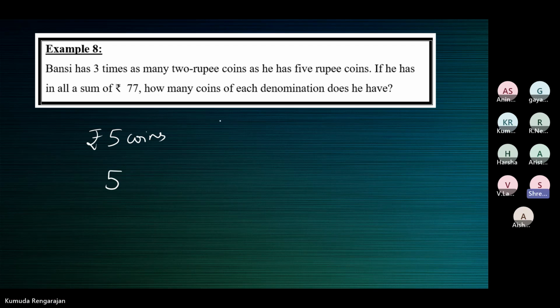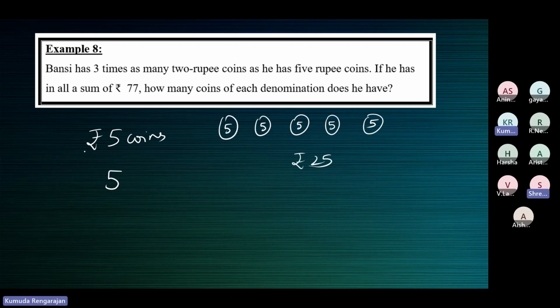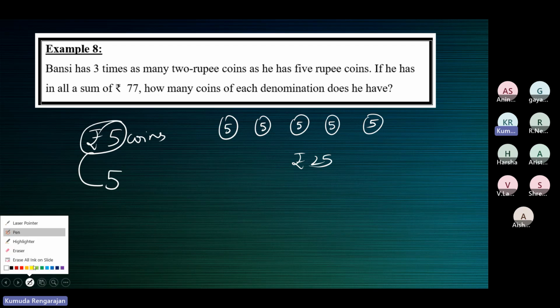This is a 5 rupee coin, 5 rupee coin, 5 rupee coin, 5 rupee coin, 5 rupee coin. So how much money do you have with you? 25 rupees. Yes, that is the denomination into the number of coins, which gives the value of the money.